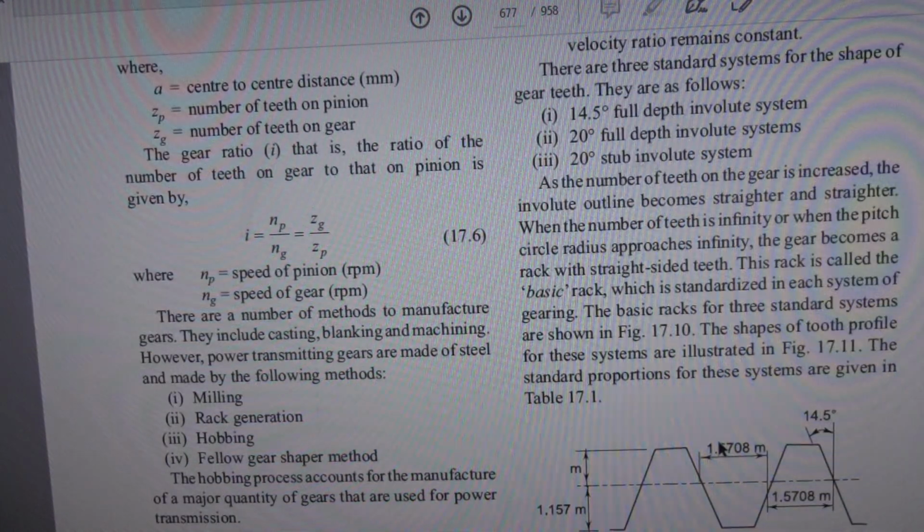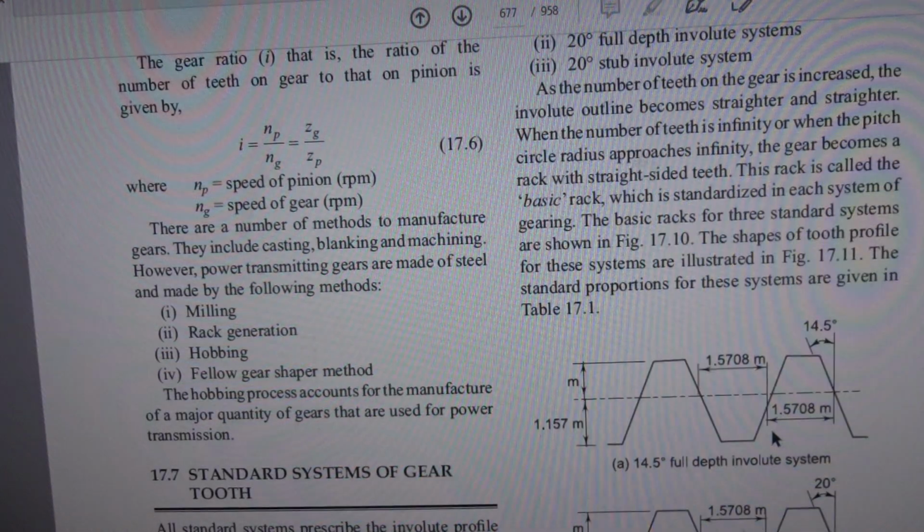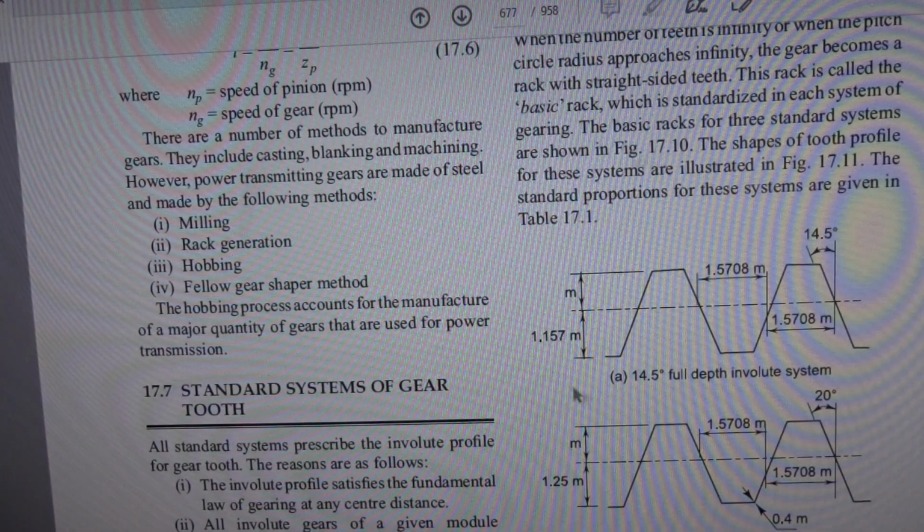This is the shape of the tooth profile; these systems are given in the figure. This one is for 14.5 degree pressure angle.